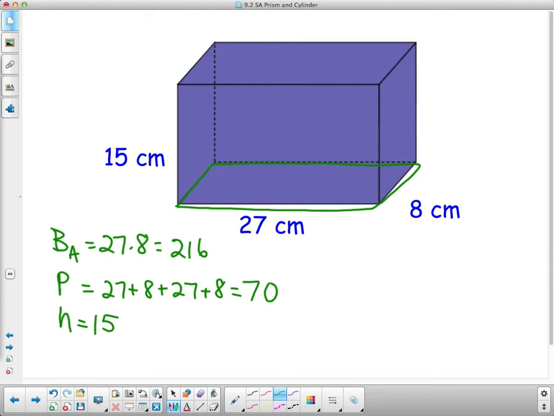Now plug into your surface area formula. Let's see what our final numbers are.